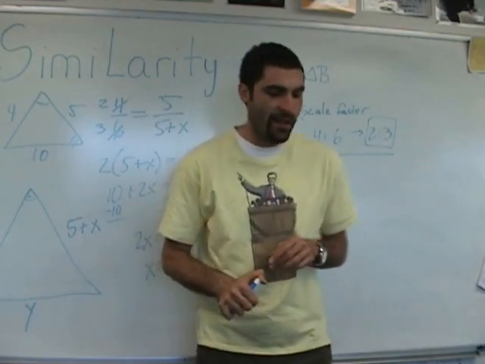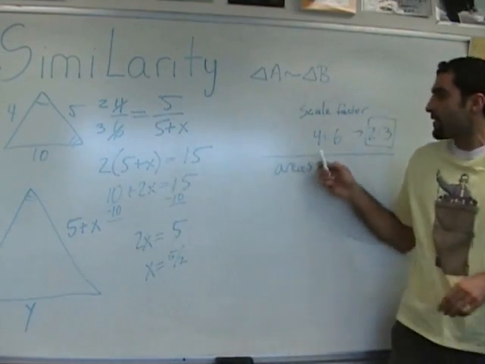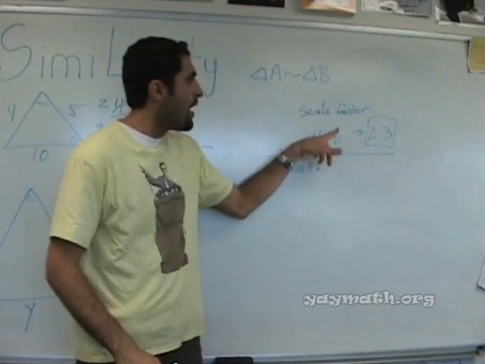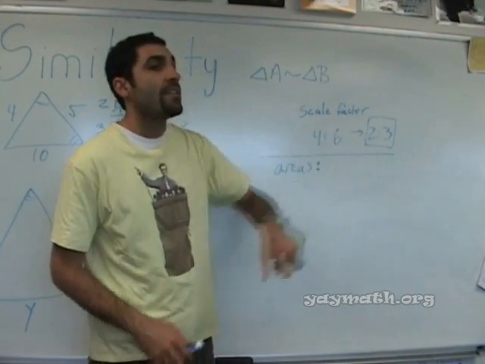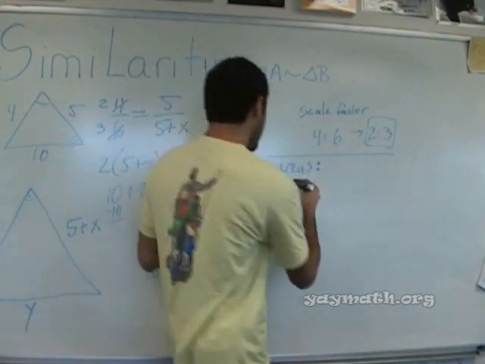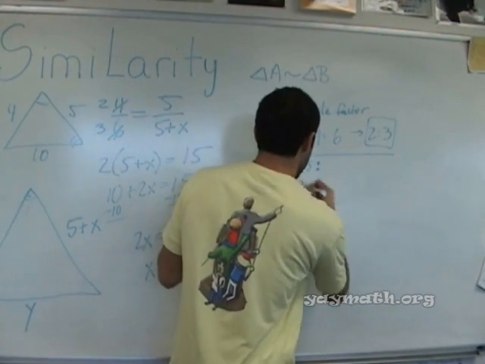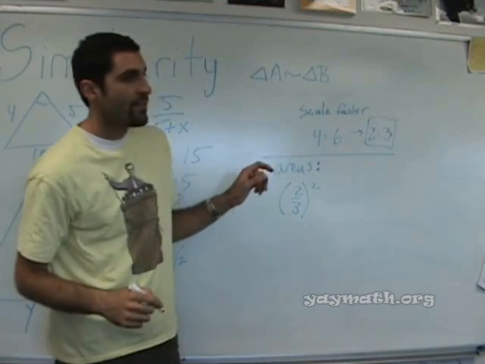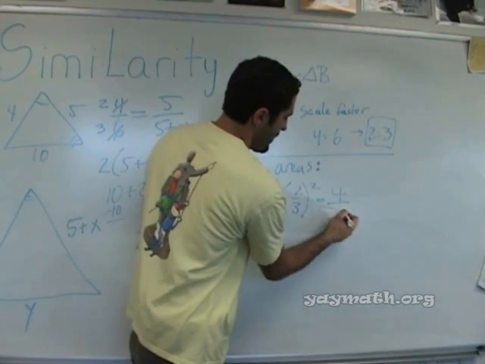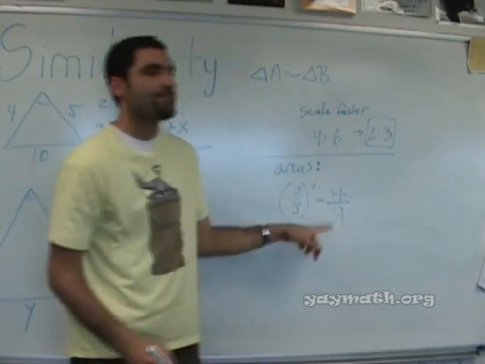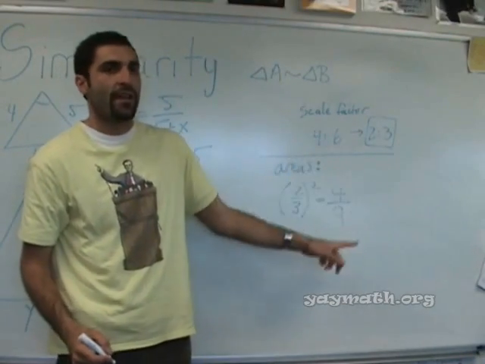So if we were to compare the areas of two triangles that have a scale factor of 2 to 3, their areas would be 2 over 3 squared. So the area of one triangle would be 4, and the area of the other would be 9. So the areas would be 4 to 9.